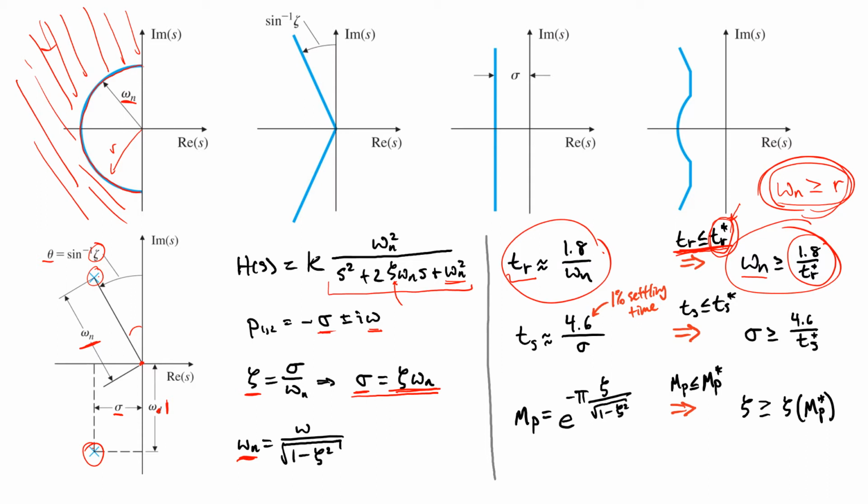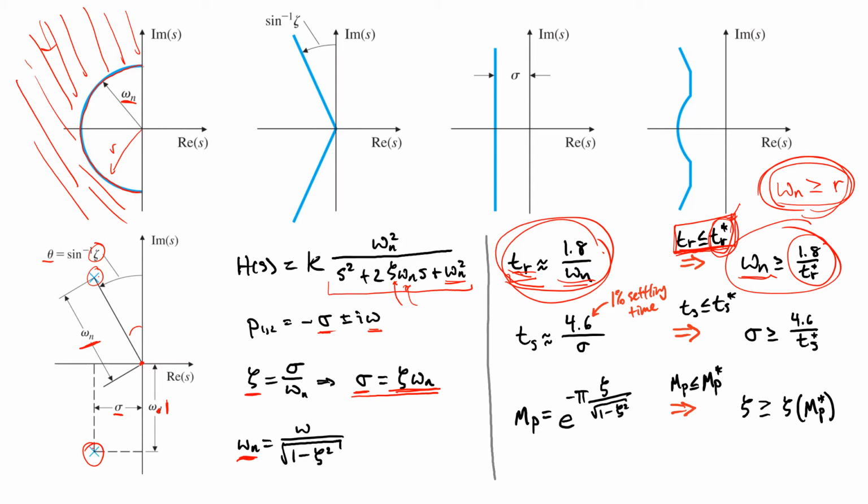So again, we started with this expression for how we compute the rise time from our closed loop transfer function. Then we imposed that we wanted the rise time to be less than some value. That told us, because there's this inverse relationship between TR and omega n, that we need omega n greater than some value.